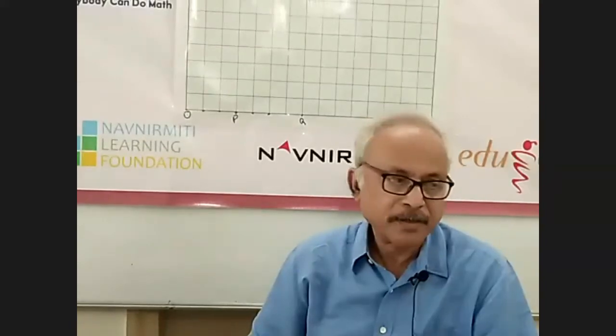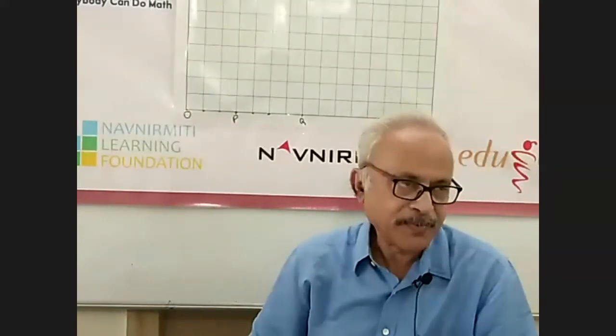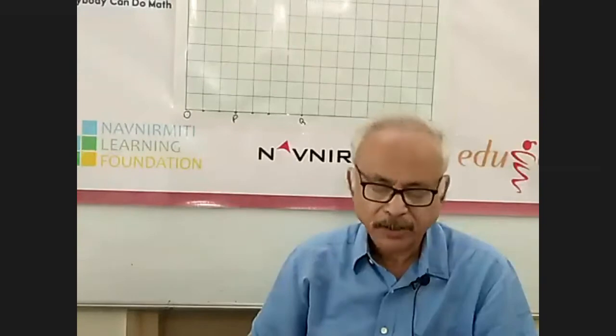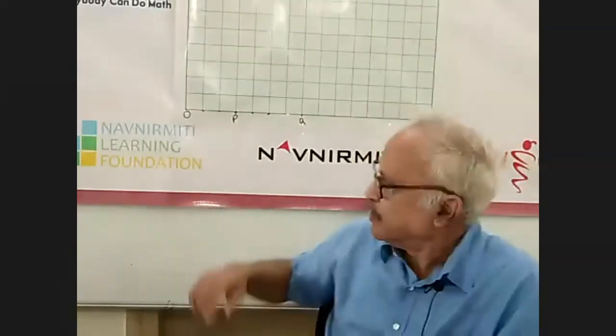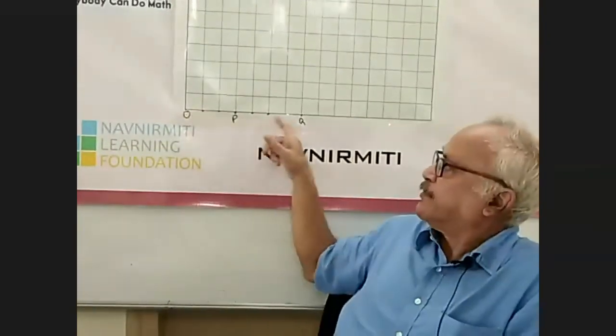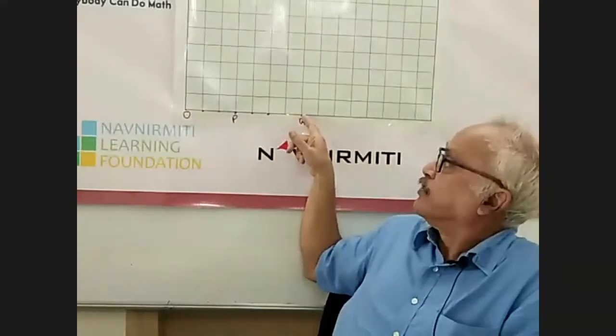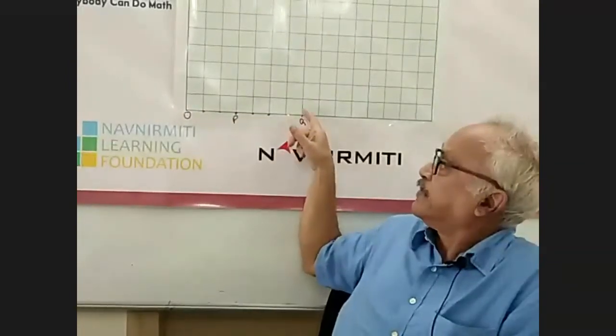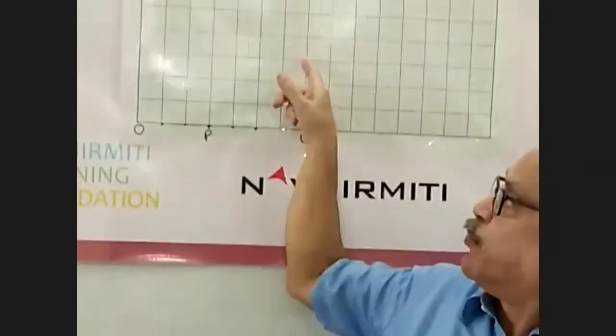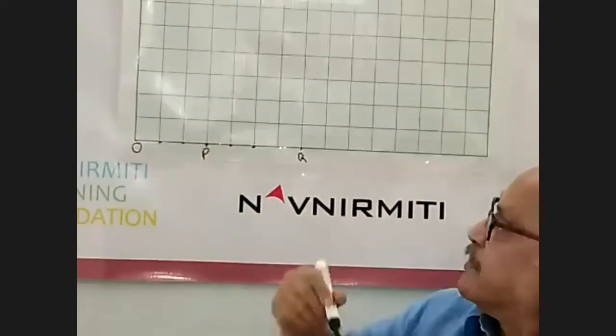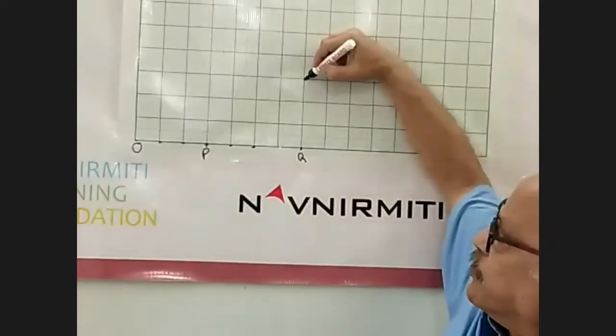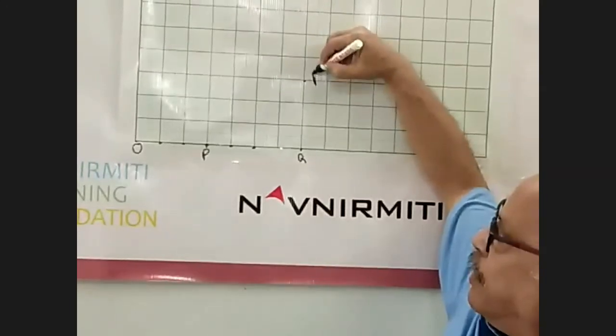Okay. Now the next instruction is, you take 7 steps to the right and 3 steps upwards. And you get this point here, which we will call R.